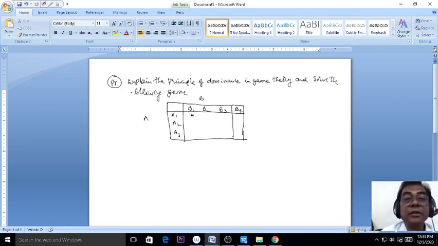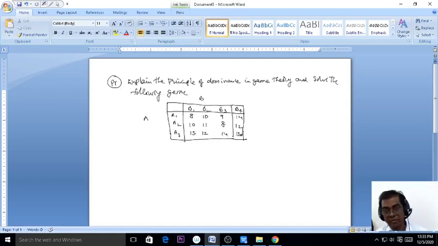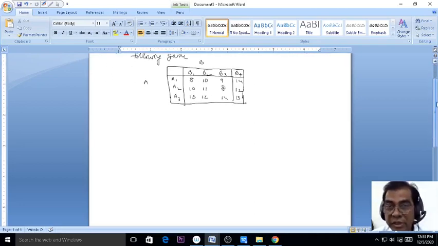The values are 8, 10, 9, 14, 10, 11, 10, 11, 8, 12, 13, 12, 13, 14, 13. This is the problem. Okay, now first check the saddle point.